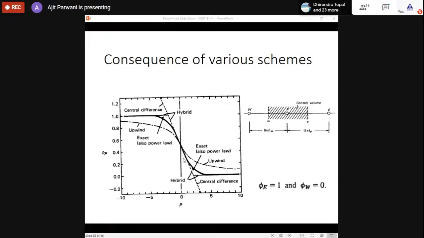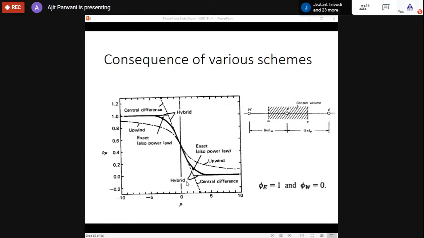The exact solution will tell you that with a very high Peclet number value, either in the positive direction or in the negative direction, the exact solution will approach the upwind point. Like you will see at a Peclet number value greater than this, or a Peclet number value greater than this, the exact solution will give you the value of 1 here. Here the exact solution will give the value of 0.